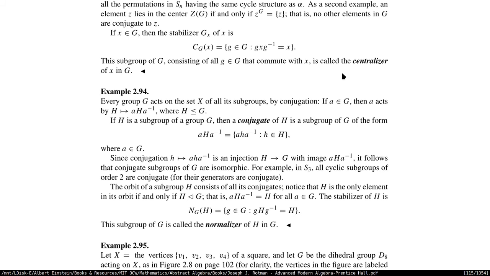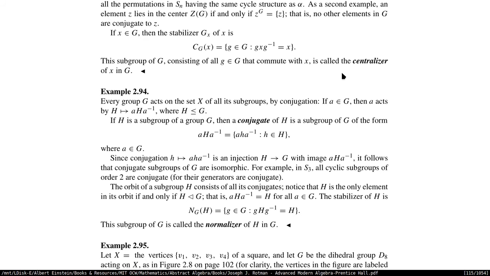No, I'm saying that the center of XPX inverse is also going to be a subgroup of the centralizer of A. And this is because A is in the center of XPX inverse. So A is included in all the things that commute with XPX inverse.